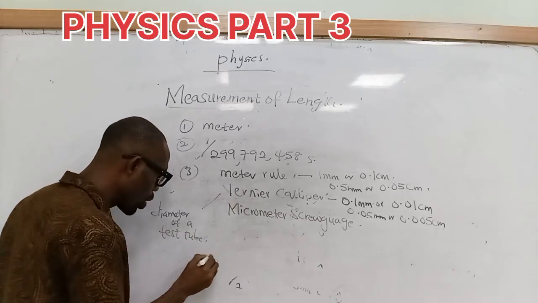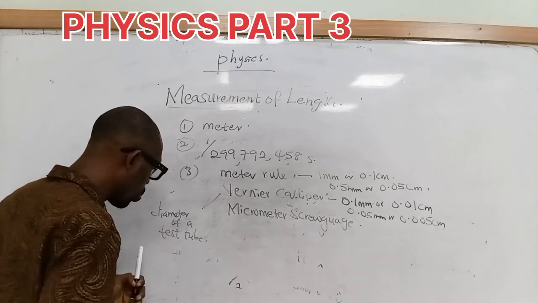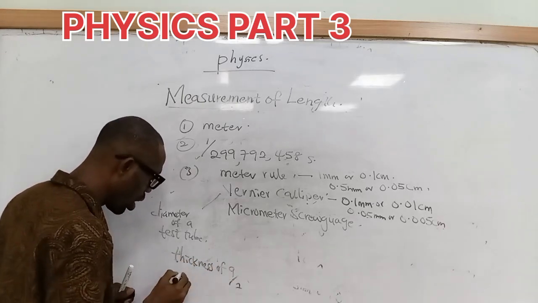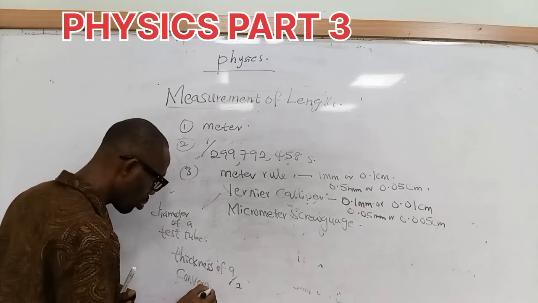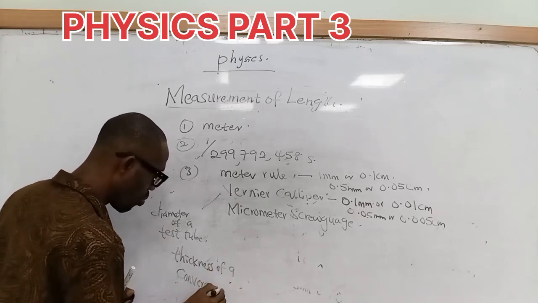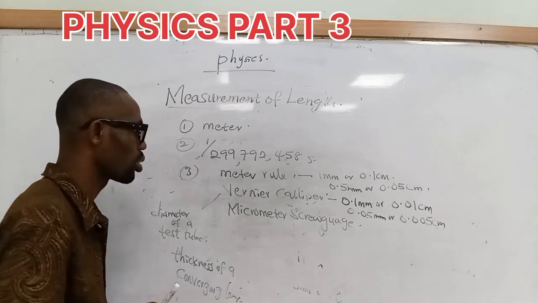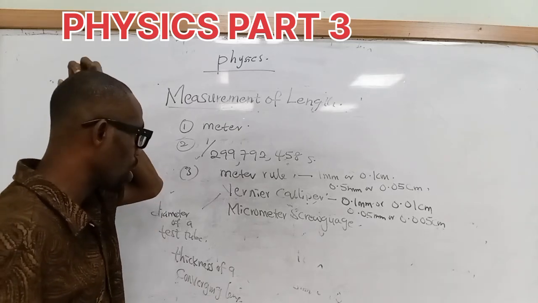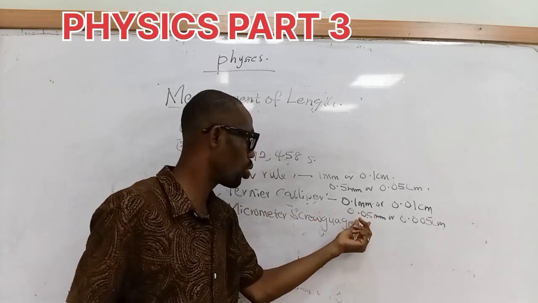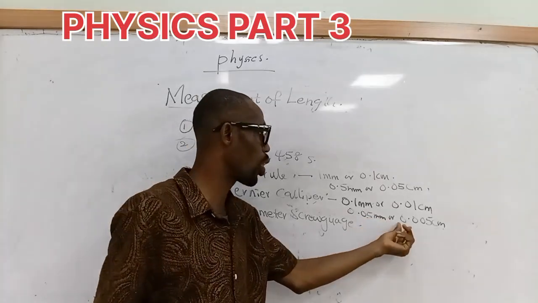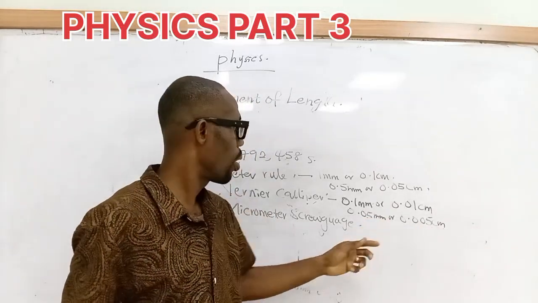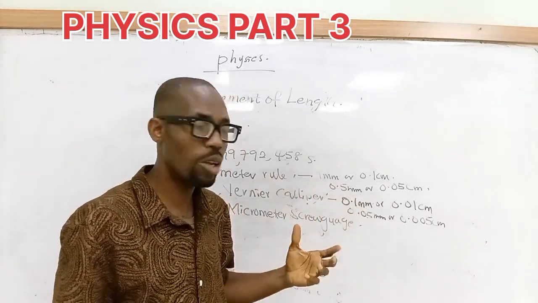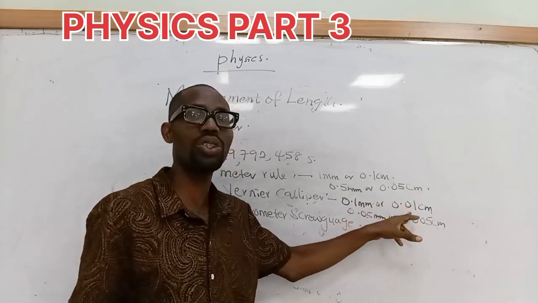It can be used to measure the thickness of the converging lens and the diameter of a test tube. So it measures to accuracy up to 0.05 millimeter or 0.005 centimeter. But the smallest division of graduation of the vernier caliper is 0.1 millimeter or 0.01 centimeter.